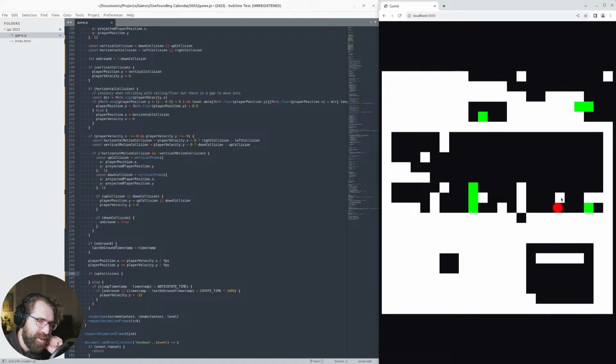I want there to be a little bit of leniency about starting the jump. Just trying to get rid of all those little places where the physics feels a bit mean. And I'm calling that time between pressing jump and when the jump actually happens anti-coyote, which is definitely not a proper term for it, but that's what I'm calling it.